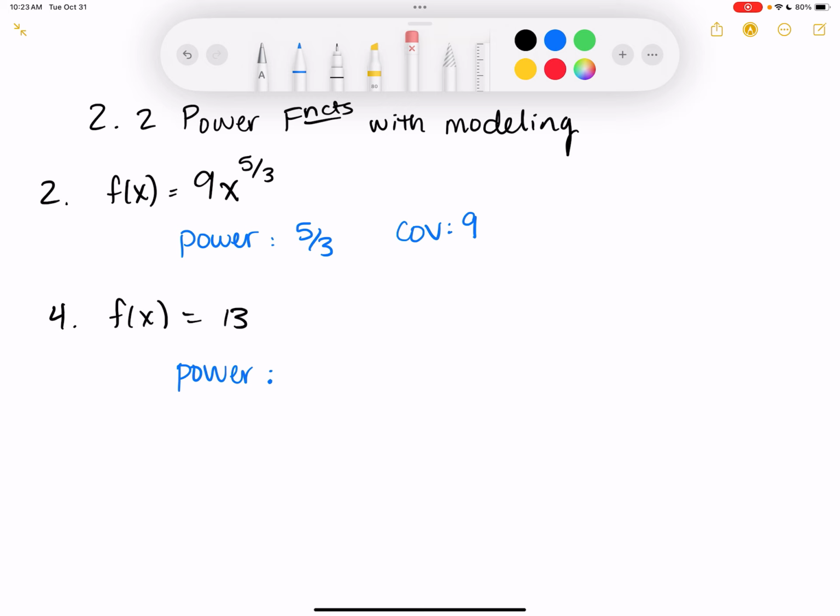Okay, so it's 0. Yes. What I just said made no sense, but you knew what I meant. So then the constant of variation is 13, because this is like 13x to the 0, basically.